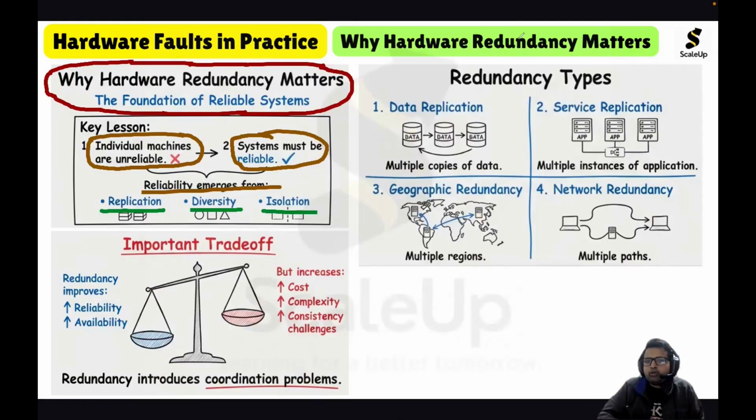Now it's very clear that we can achieve reliability via redundancy.